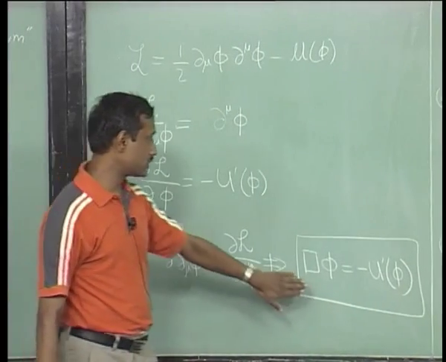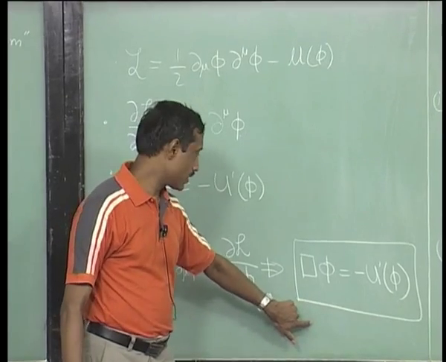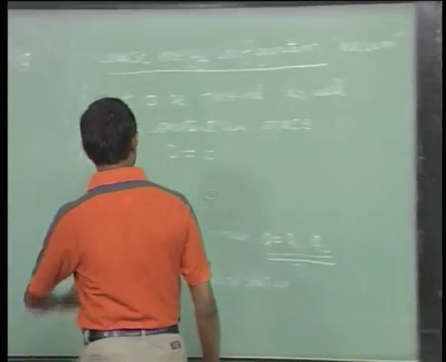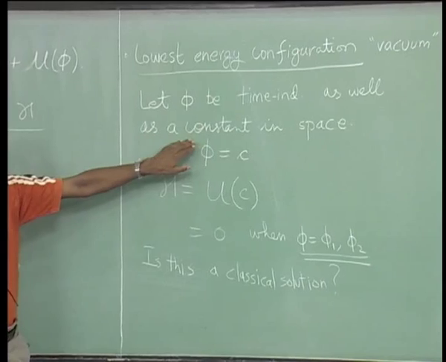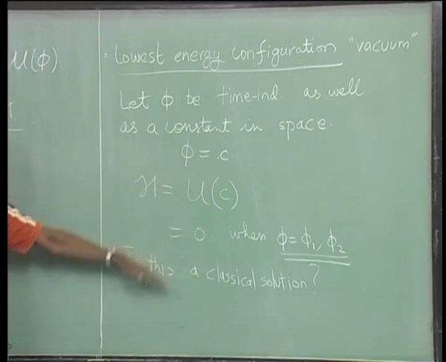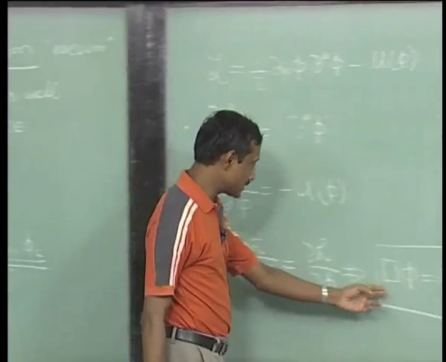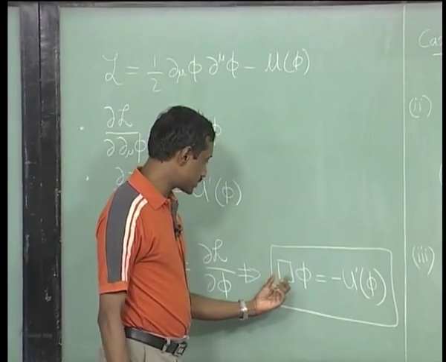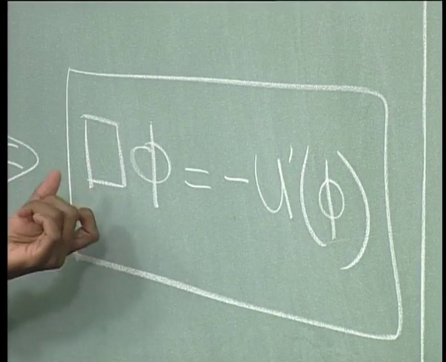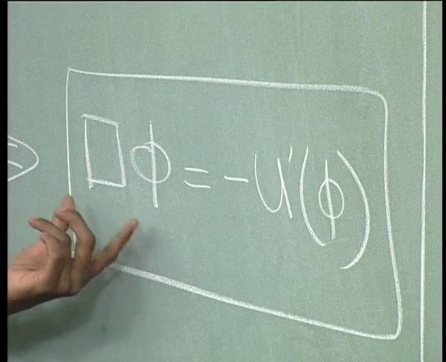Okay. So, coming back to this equation, this is the most general equation, and we asked the question: if we choose phi to be time independent and a constant in space, is this a classical solution? Let us come back here and ask the following question. A box just consists of space and time derivatives, so if phi is a constant, this term vanishes.